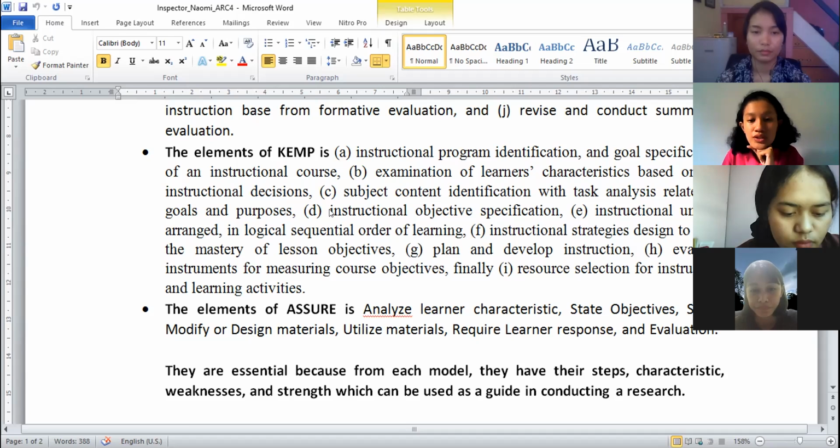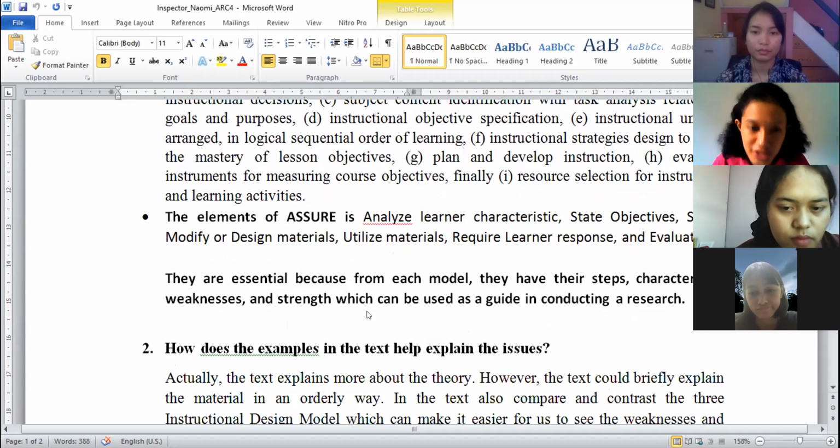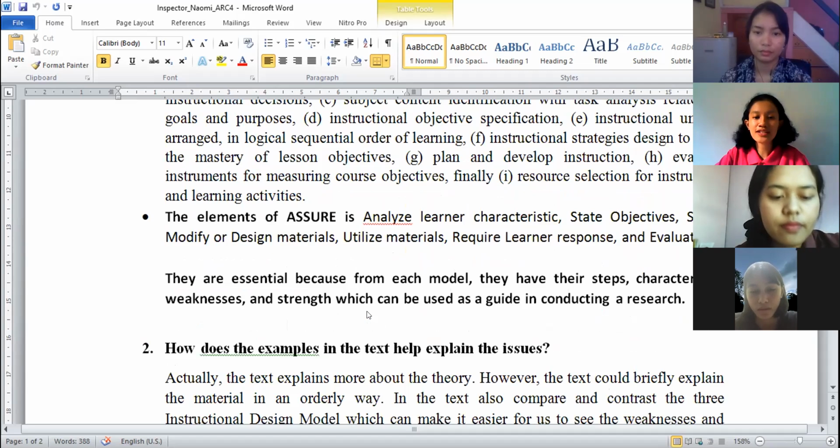U stands for Utilize Materials. R is Require Learners' Response. E for Evaluation. So they are essential because each model has its steps, characteristics, weaknesses, and strengths, which can be used as a guide in conducting research.